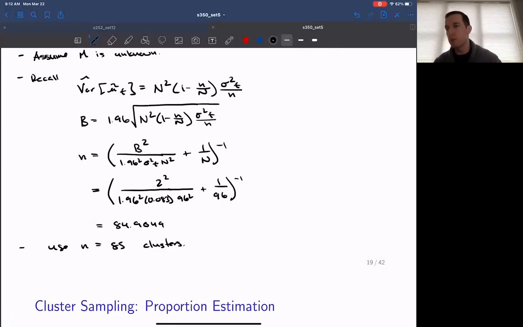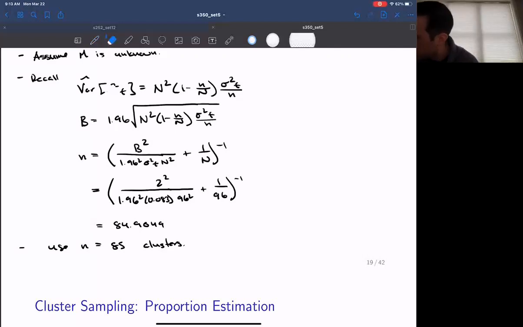In the first illustration, we did the sample size calculation using the formula that requires that we have capital M, or at least that we can estimate it. In the second illustration, assuming that we don't have any information about the total number of elements in the population, this would be another way for us to arrive at an estimate for the quantity of interest, which here is actually the total.